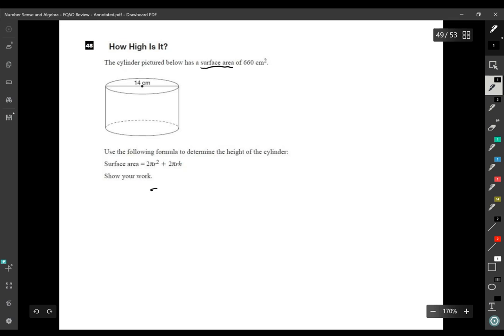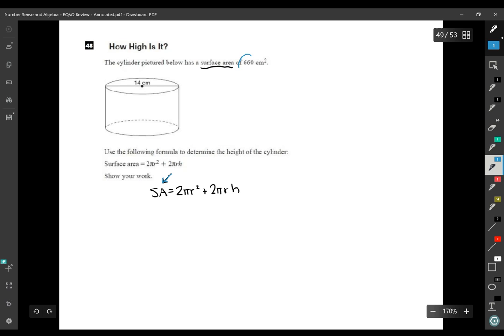We have surface area, I'm going to call it SA, is equal to 2 pi r squared plus 2 pi r h. Okay, so let's look at what is contained within this equation. SA, surface area, we have that.